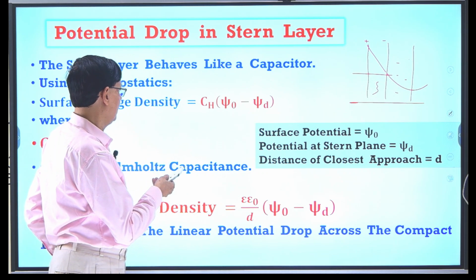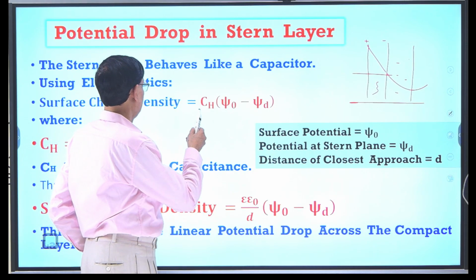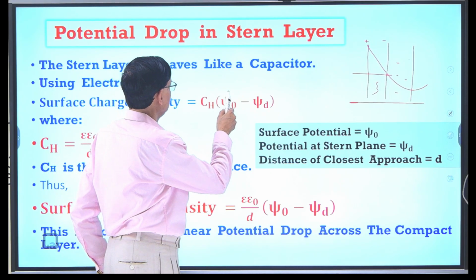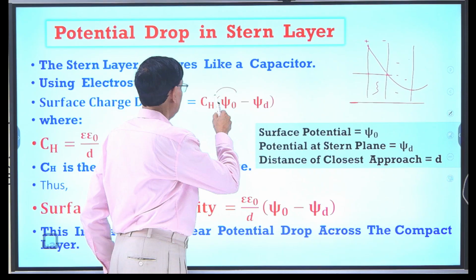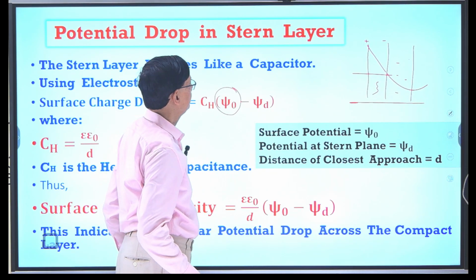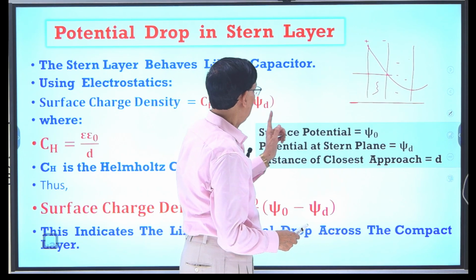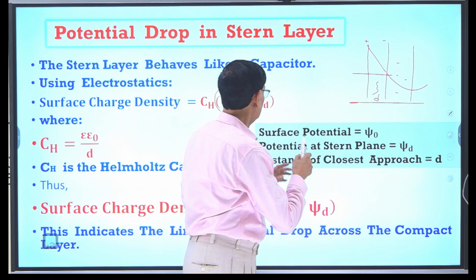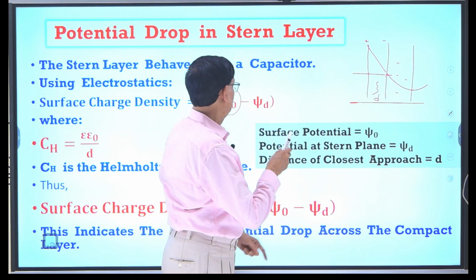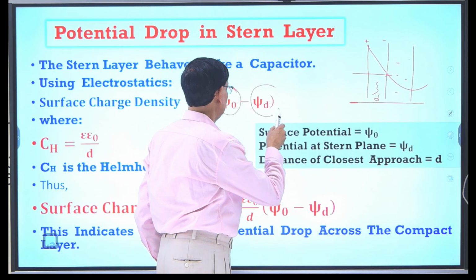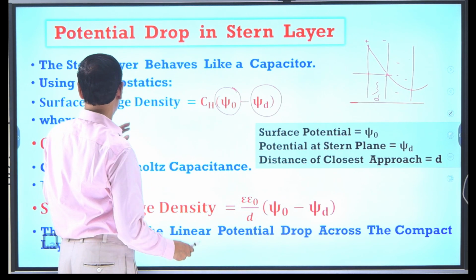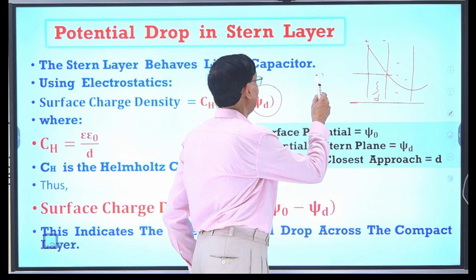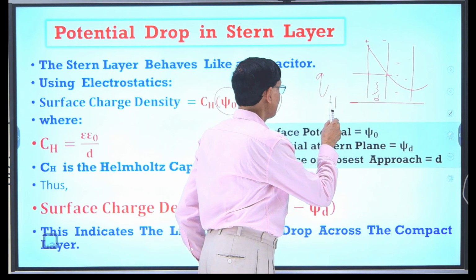It's a very old definition, but you must know this, because the surface charge density is equal to the potential at zero distance, the starting point, and this outer Helmholtz layer, the distance is d, whatever the change in this. So that's the difference between these. So that is actually the surface charge density, because we have to calculate that Q_N, surface charge.